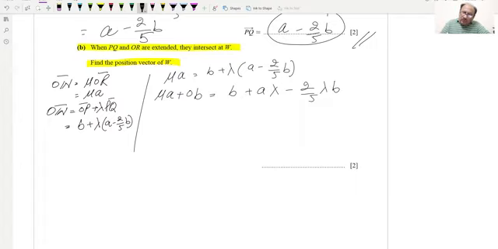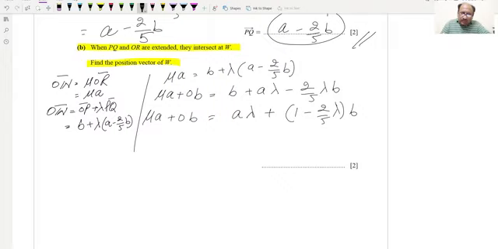Now A and B we need to compare, so we will combine this B and B, and we can rewrite it as A lambda plus B we will be taking out, so it will be 1 minus 2 by 5 lambda, and B will be outside, and this side is having mu A plus 0B.